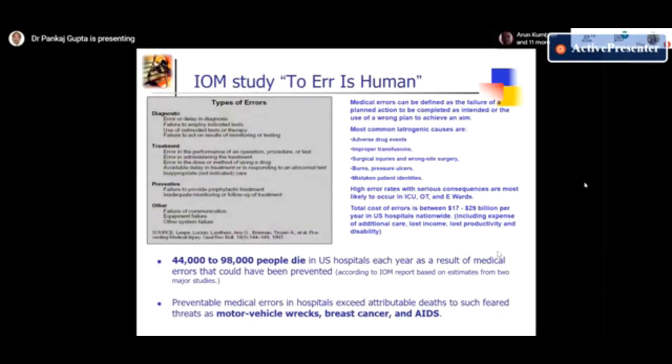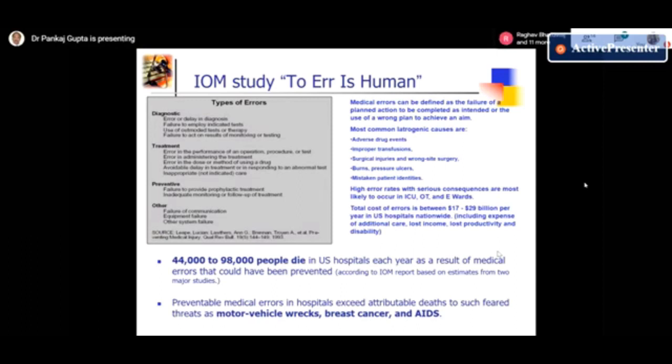And these are wrong medication, double medication, unnecessary medication. So all those things, or medication prescription is one, administered as something else, or at the time of dispensing, they got mixed up. So all those things, preventable medical errors. So this is what the study was.